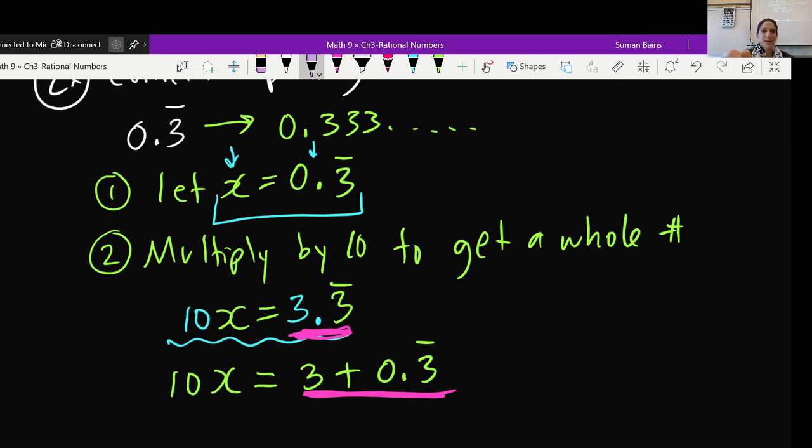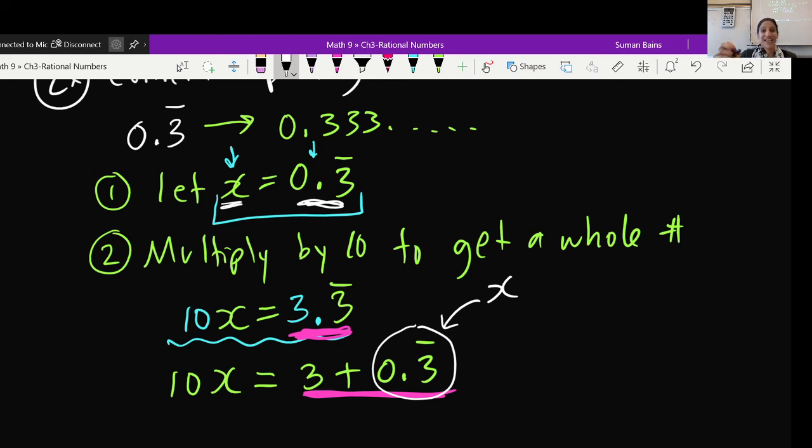So going back to step number 1, do you all see that x is equal to 0.3 repeating? So if those two things are equal to each other, then I should be able to take this and just plug in an x for it. Everybody see what just happened? And if you feel like, whoa, what is she doing? Don't worry, I mean it when I say this is bonus or extra.